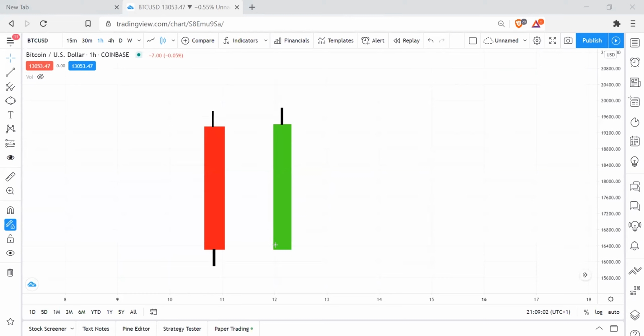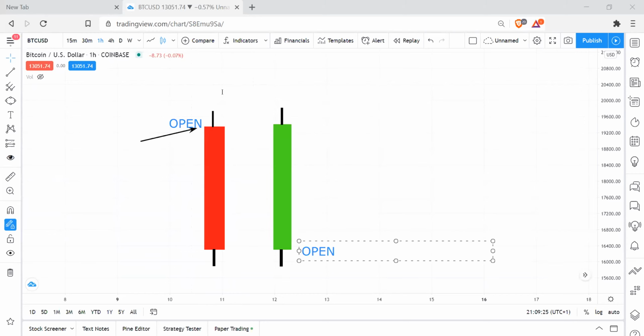But what differentiates them? It's the open and the close. So a sell candle would open up here. That would be its open. But then a buy candle would open down here.